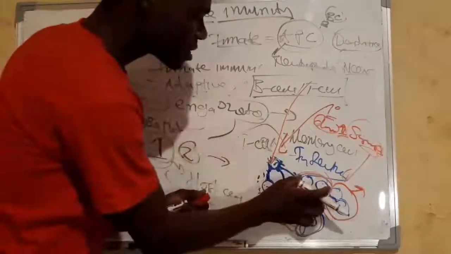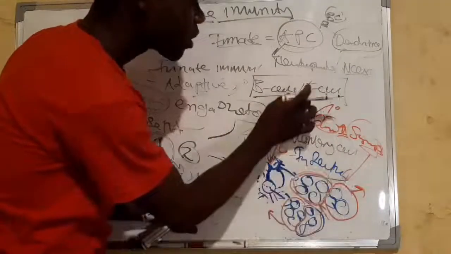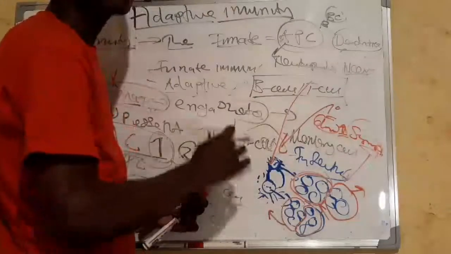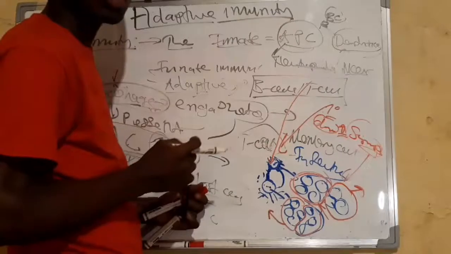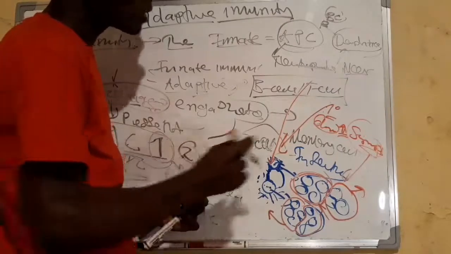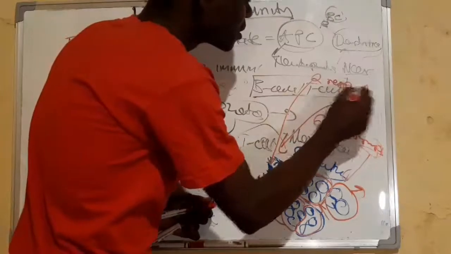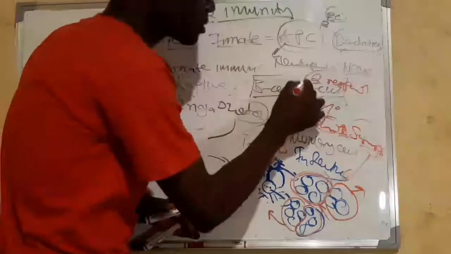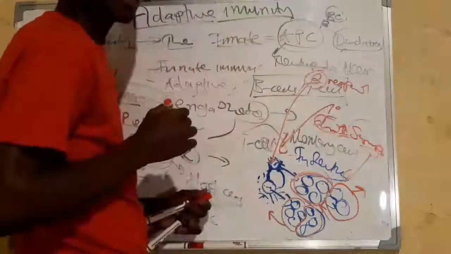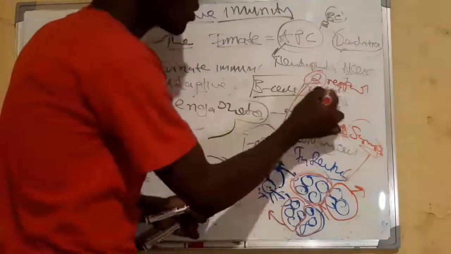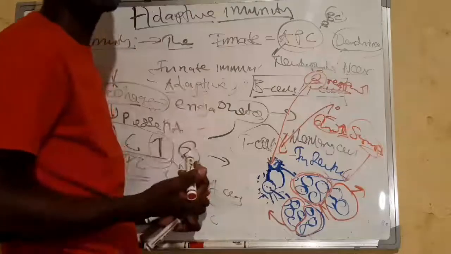These memory cells now work on this pathogen because it was already proliferated and stored. So this is the secondary response. The duration in which this one works on the pathogen is very short.